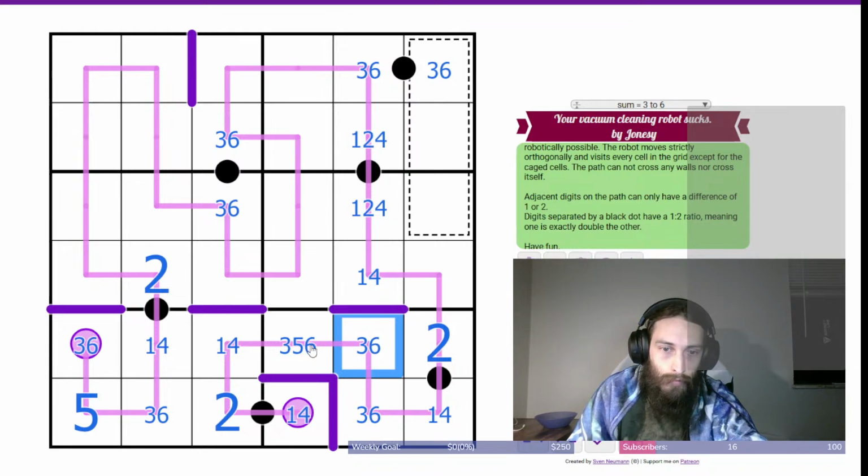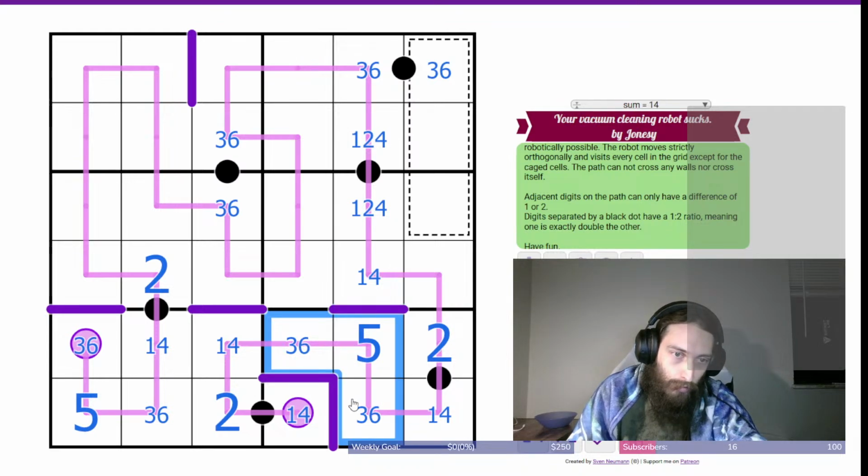If it's a 5, one of them has to, yeah. Wait, no. If it wasn't a 5, you can't have 3, 6 next to each other. Right. Because 5 can reach both 3 and 6, but... Right. Yeah.